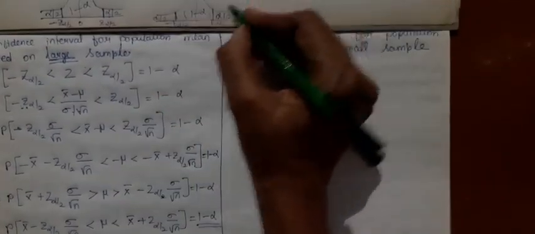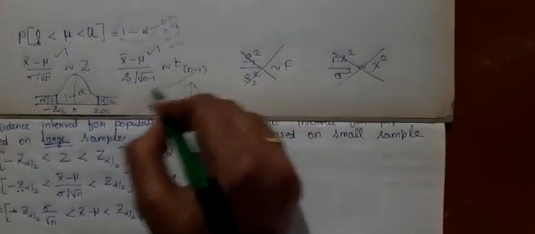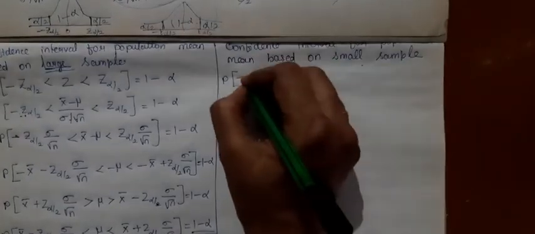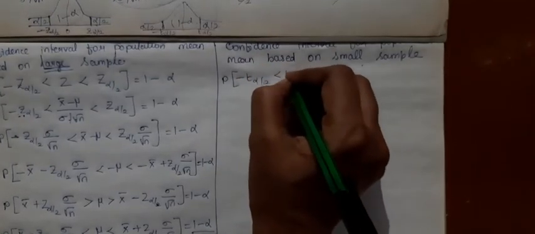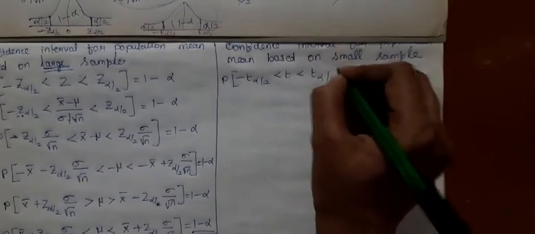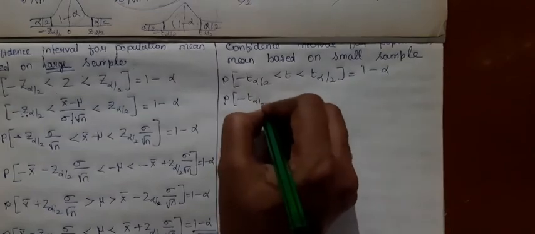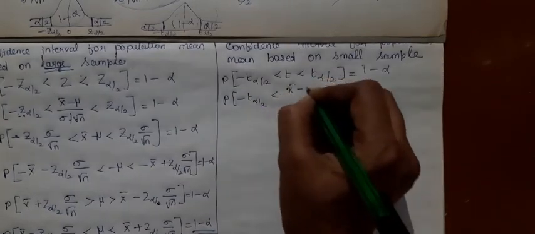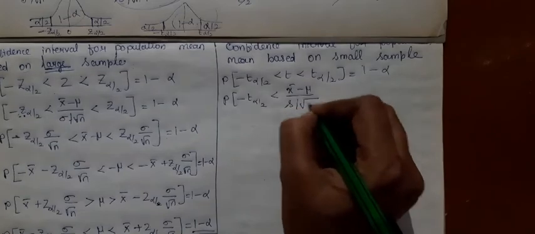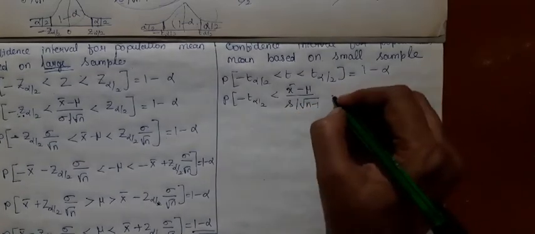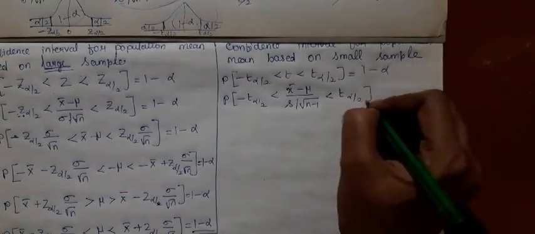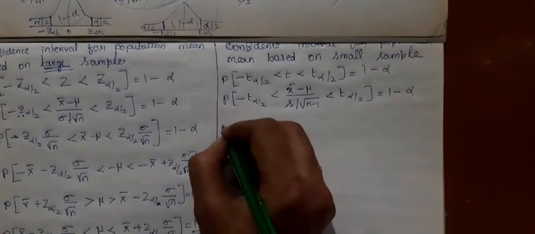Now let us come to the case of small sample. For small sample we are going to use t distribution. This is the statistic. So let us proceed. We know that the probability of t between minus t alpha by 2 and plus t alpha by 2 is 1 minus alpha. Probability that minus t alpha by 2 is less than (x bar minus mu) by s divided by square root of n minus 1, which is less than t alpha by 2, is 1 minus alpha.